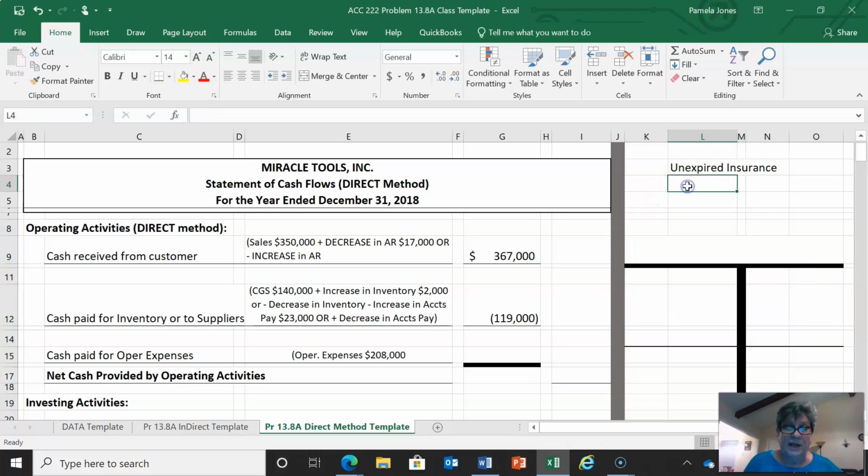It could be rent expense. So we might have to look at prepaid rent. Or it could be wages payable or interest payable. And in that case, wages expense, interest expense, we would look at the related liability account.